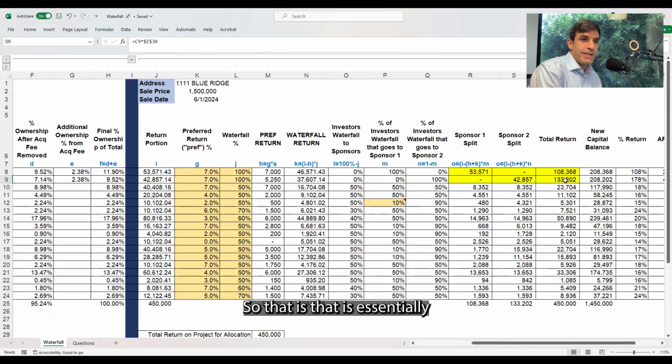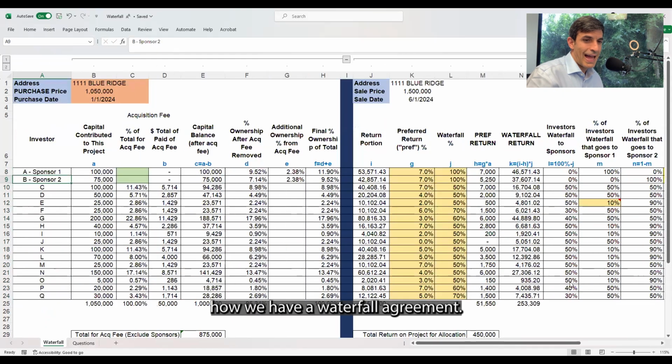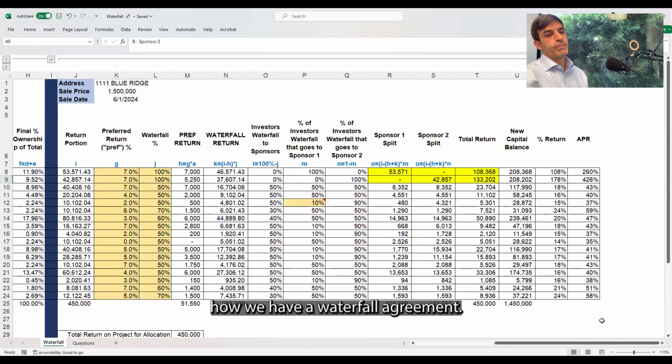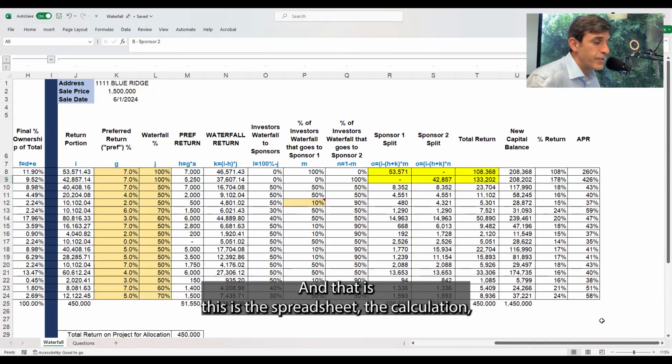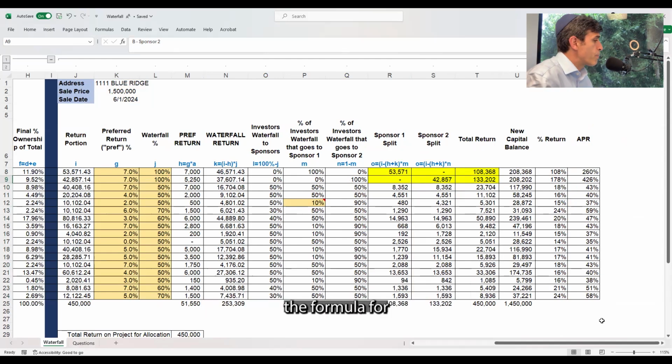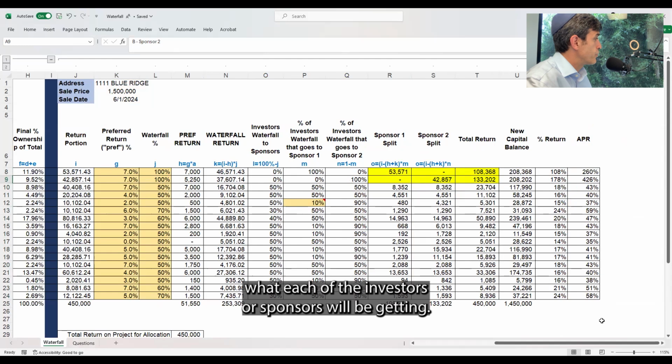So that is essentially how we have a waterfall agreement. And this is the spreadsheet, the calculation, the formula for an investor or a sponsor that wants to assess what each of the investors or sponsors will be getting.